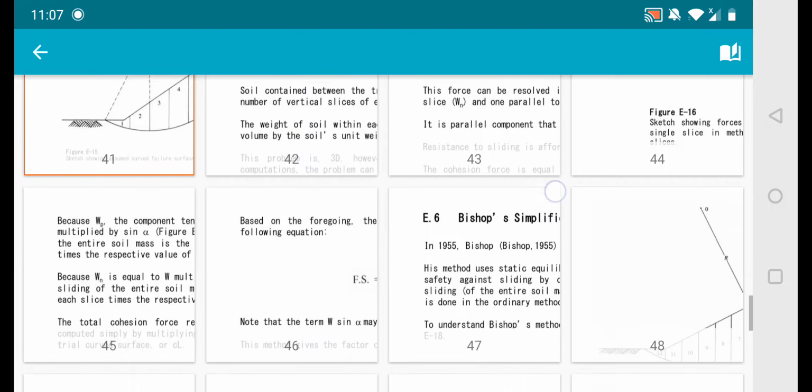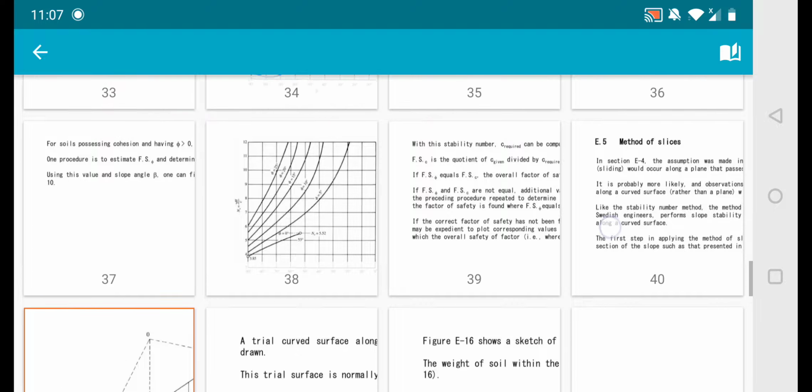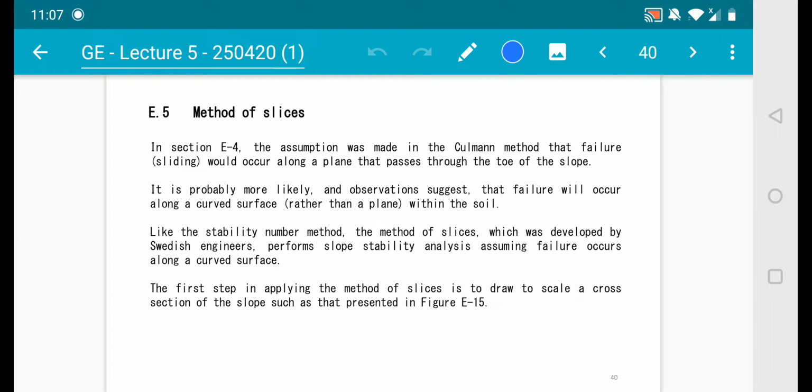Right, let's move on to the method of slice. E5. In section E4, the assumption was made in Culmann's method that failure sliding will occur along a plane that passes through the toe of the slope. It is probably more likely, and observation suggests, that failure will occur along a curved surface.